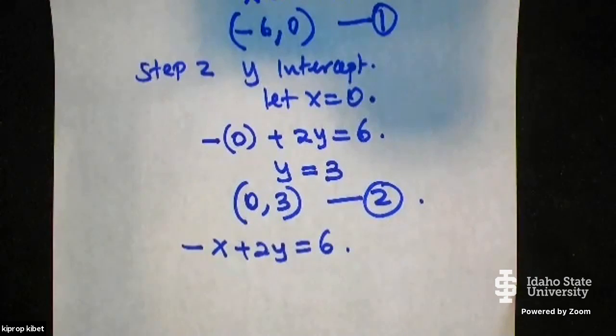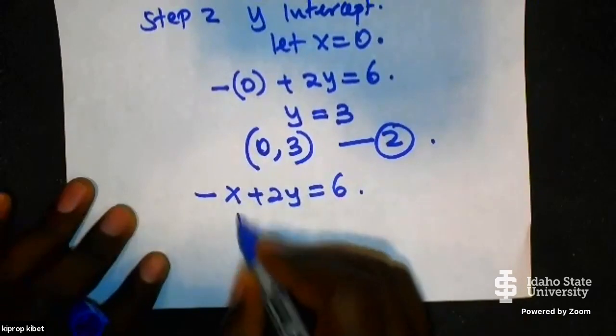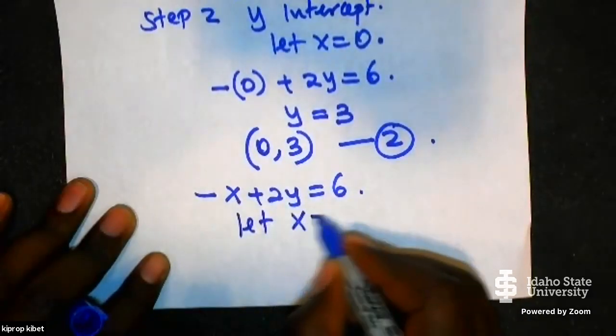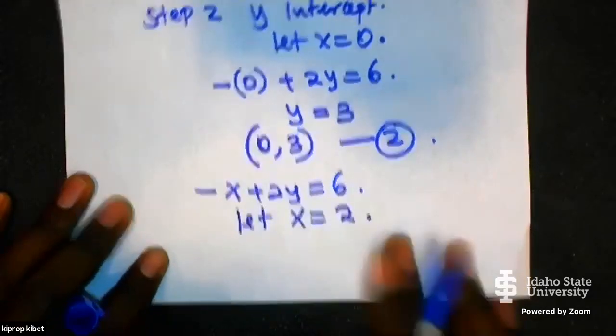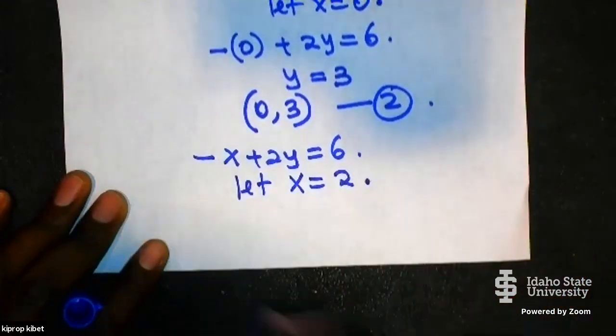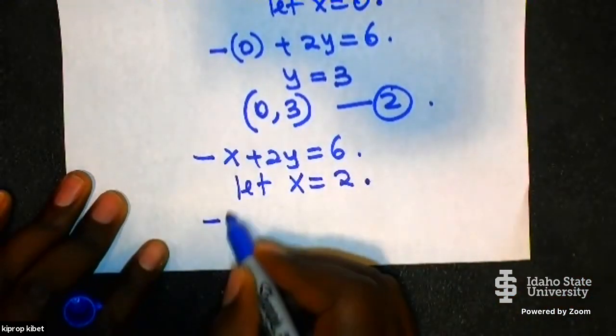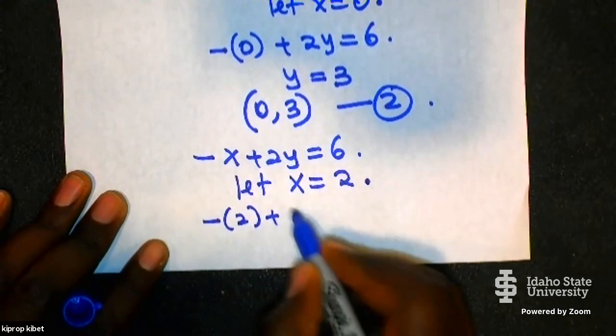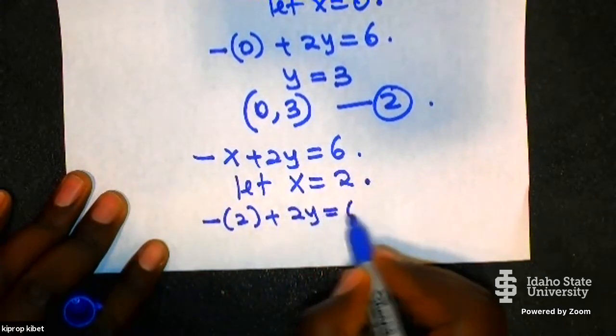Or we can let y equal 1 or any number, okay? So let's let x equal 2. So it will be minus 2 plus 2y equals 6.